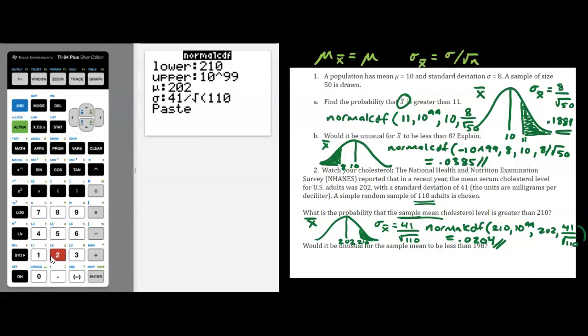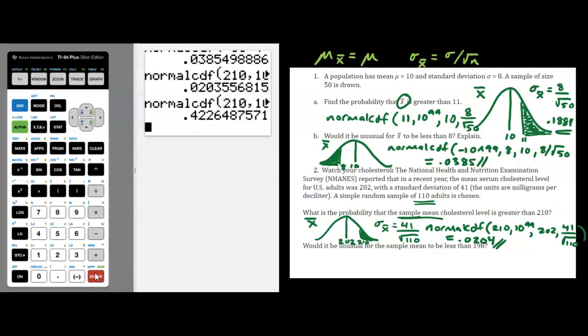If we went to normal CDF and we left it as 210 and 10 to the 99, but we were not looking at the sample means distribution and we were just looking at an individual, and again, that would assume that the population of cholesterol levels is in fact normally distributed, you would get 0.4226.